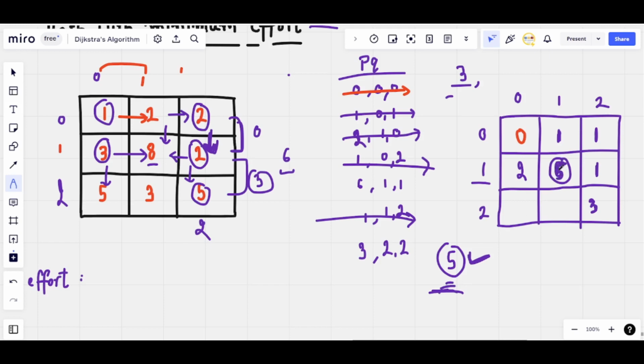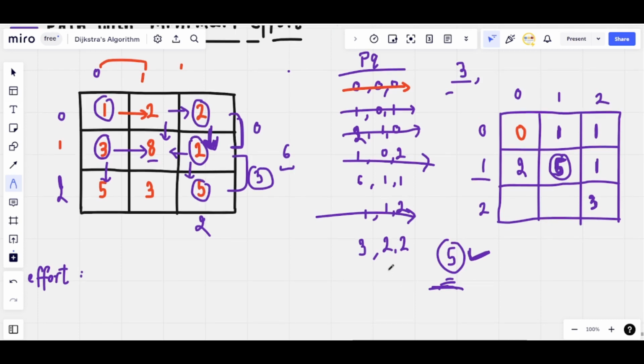So we update the effort with 5. Fine. And we push this cell again into the priority queue, that is cell 1 1, along with its effort, which is 5.